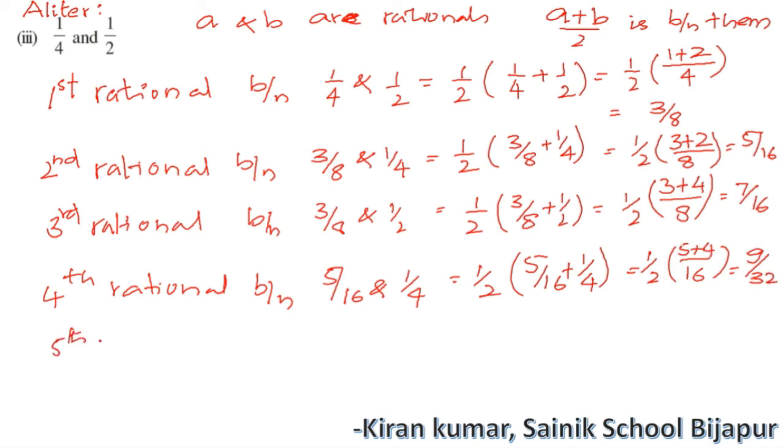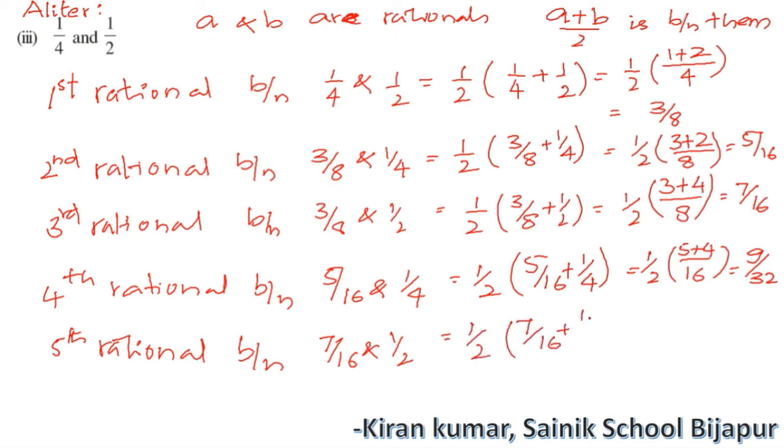The fifth rational I am going to find between 7 by 16 and 1 by 2. So half of 7 by 16 plus 1 by 2. The LCM again is 16. When 16 is the LCM, 7 to be added with 8, we get 15 upon 32. So I have found 5 rationals between 1 by 4 and 1 by 2.